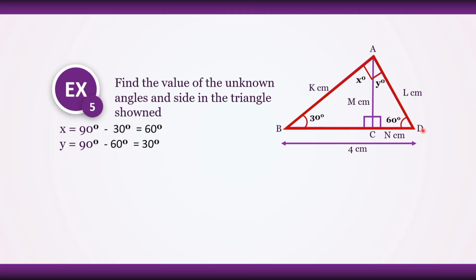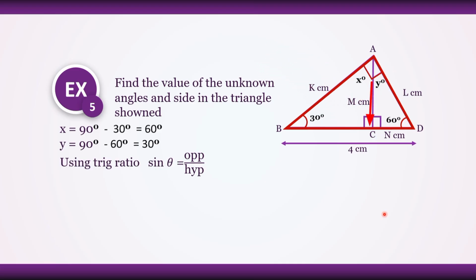Choosing sine, I'm going to choose either 30 degrees or 60 degrees. If I choose sine and 60 degrees, k will be opposite to 60 degrees. If I choose sine and 30 degrees, L will be opposite to 30 degrees. Automatically, this 4 cm side BD will be the hypotenuse since it is facing this right angle here.